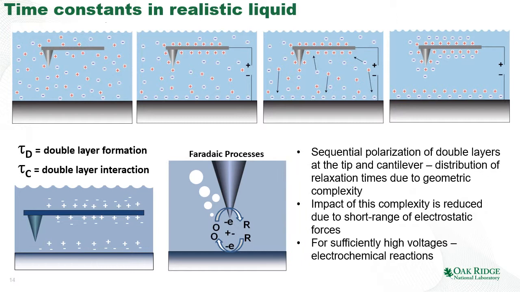So in other words, if we consider the phenomena that are possible in the cantilever tip surface system, going from the initial moment when nothing happens to the formation of the adsorbed layer, to the formation of the double layer and full polarization, these phenomena are likely to happen on the time scale which is directly within the time scale of interest for SPM. More importantly, we don't take into account the nonlinear processes and, for example, electrochemical reactions.